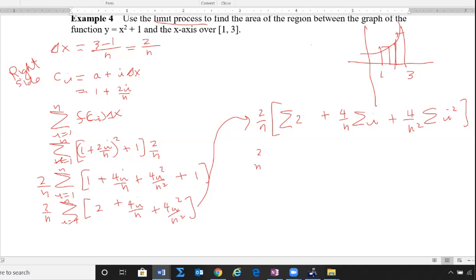So that's 2 over n. Sum of 2 is just 2n. 4 over n, sum of i, that's n times n plus 1 over 2. And then this one over here, i squared, remember that was n plus 1, 2n plus 1 over 6.